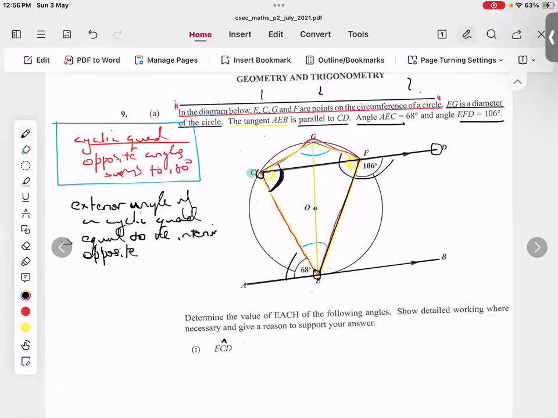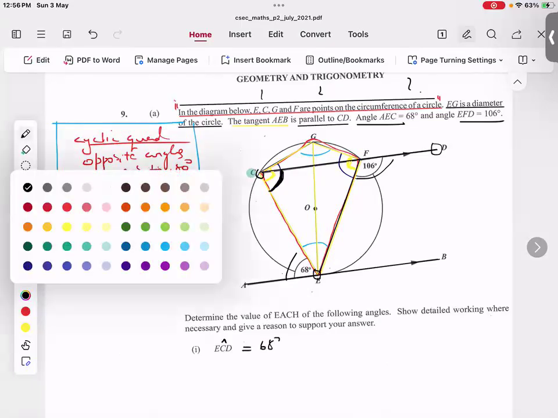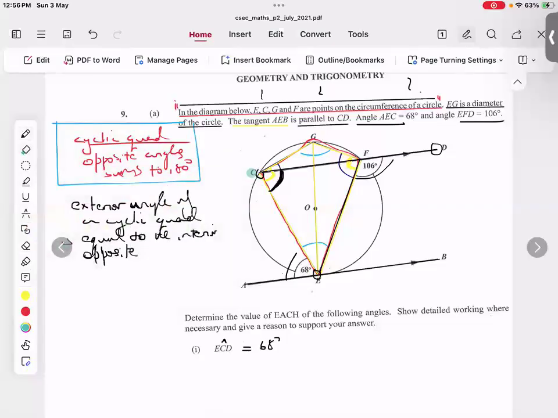And that's very, very easy to find because this angle is actually equal to 68. Why is it 68? Because of what Javari said earlier. Javari stated that there was a Z-shaped angle on the other side right here. So if you notice, the angle right here is equal to the angle right here.